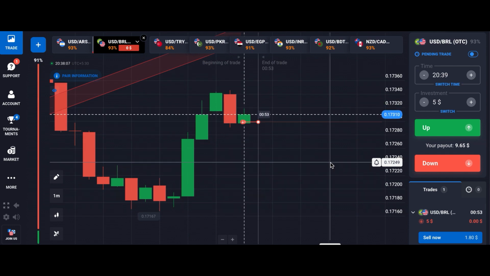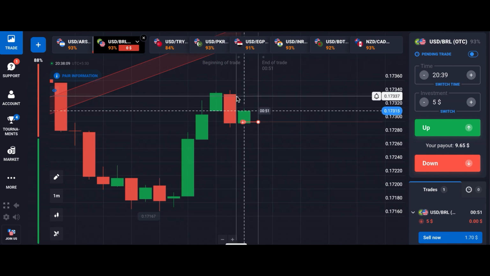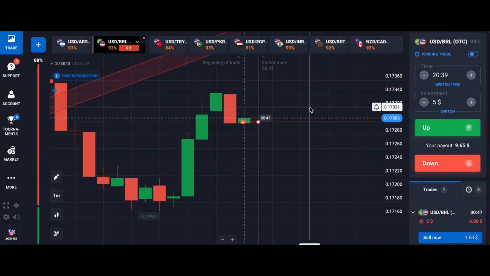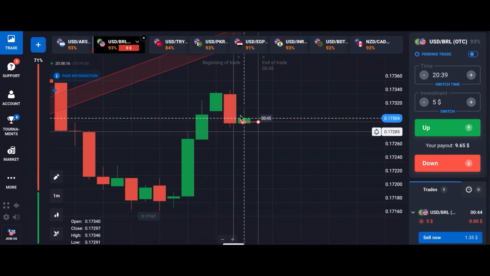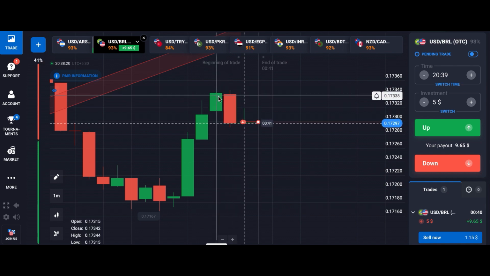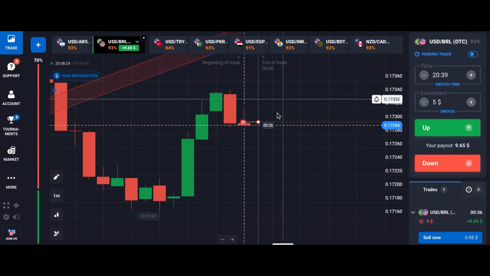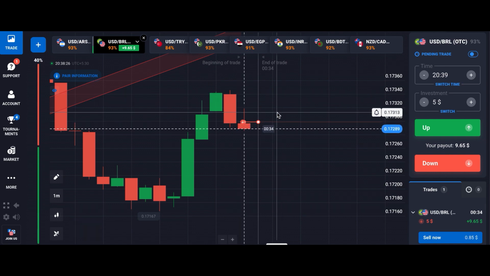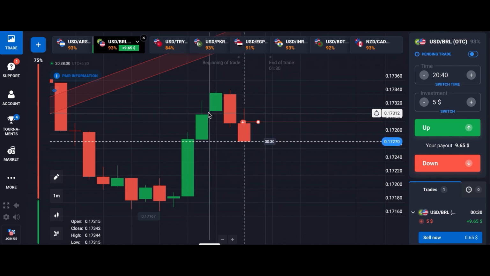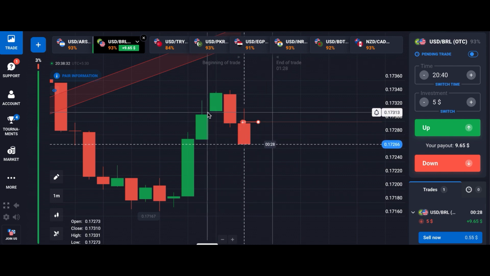I took the down trade because, if you see here, a bearish engulfing pattern has been created. Okay, this green candle has been engulfed by this red candle. On this analysis I took the down trade, and also here there is a little bit of a gap between these two candles.